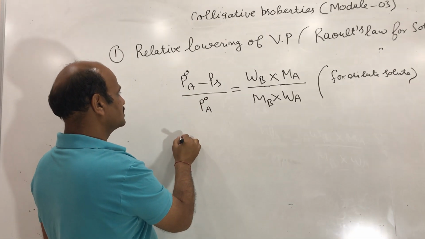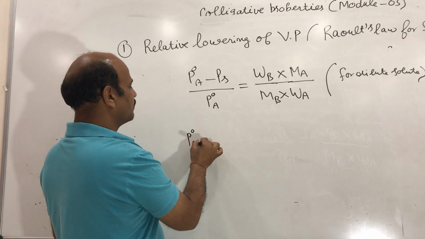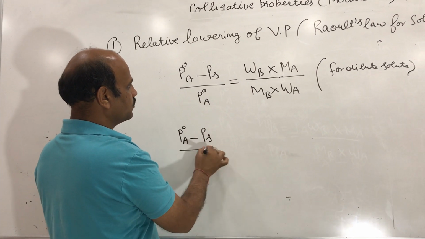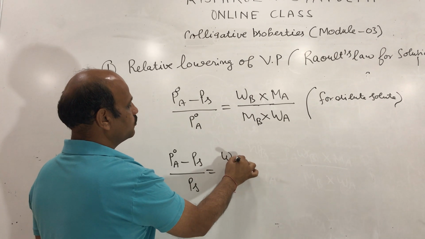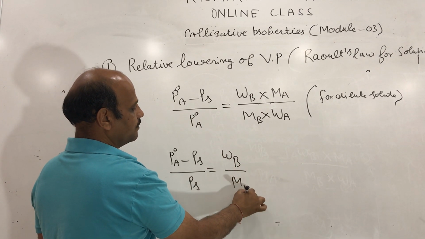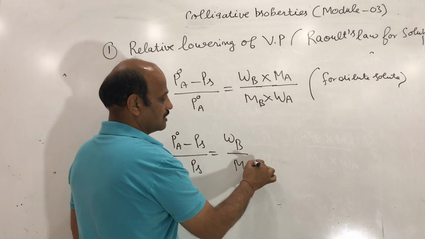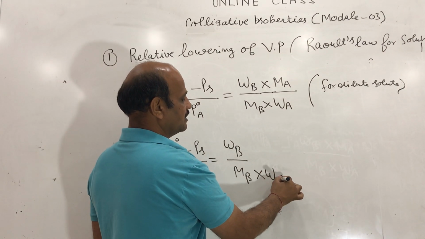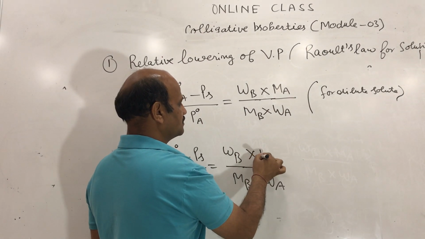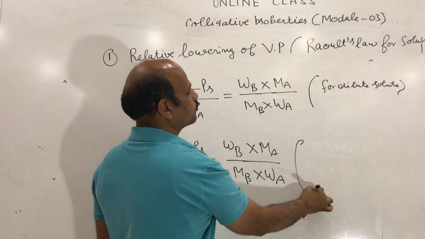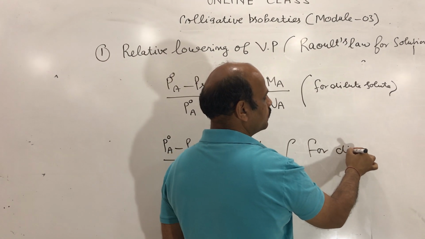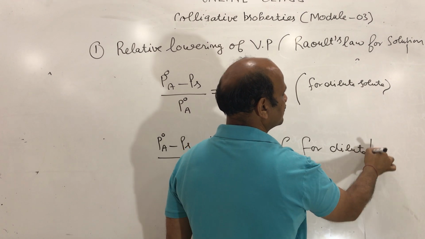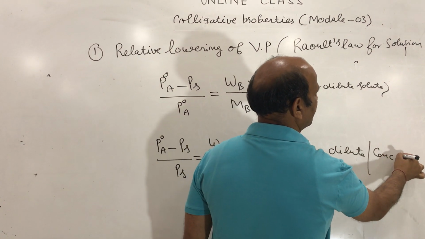Only difference is (P°A − PS)/PS, that is WB/MB upon WA/MA. Or you can say this formula can be applicable for both dilute solution as well as concentrated solution.